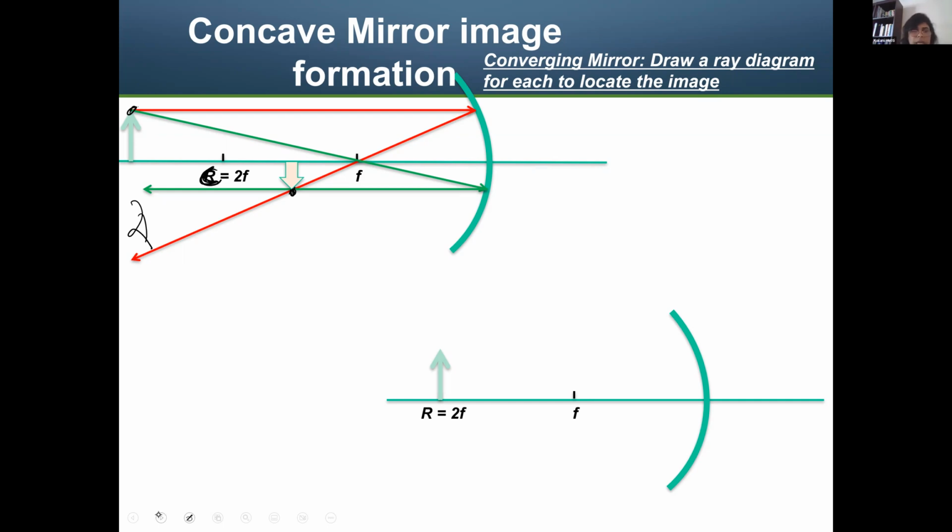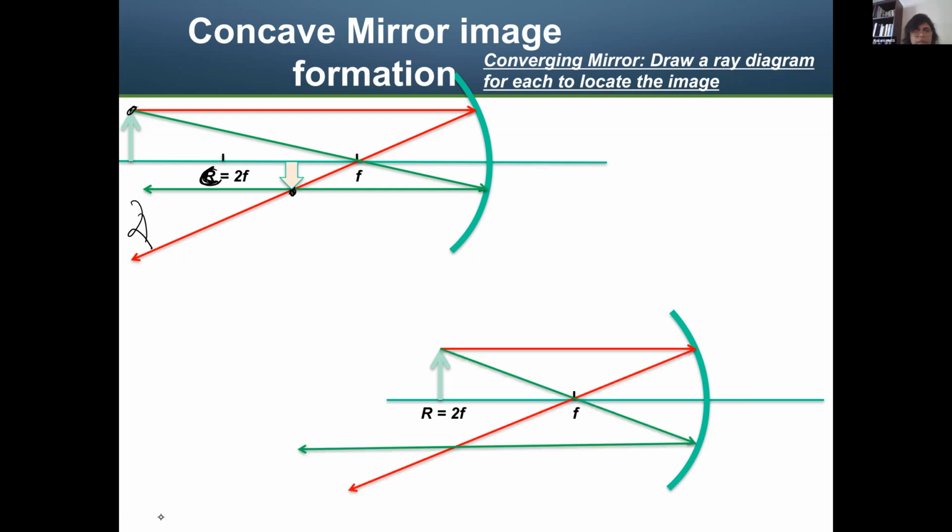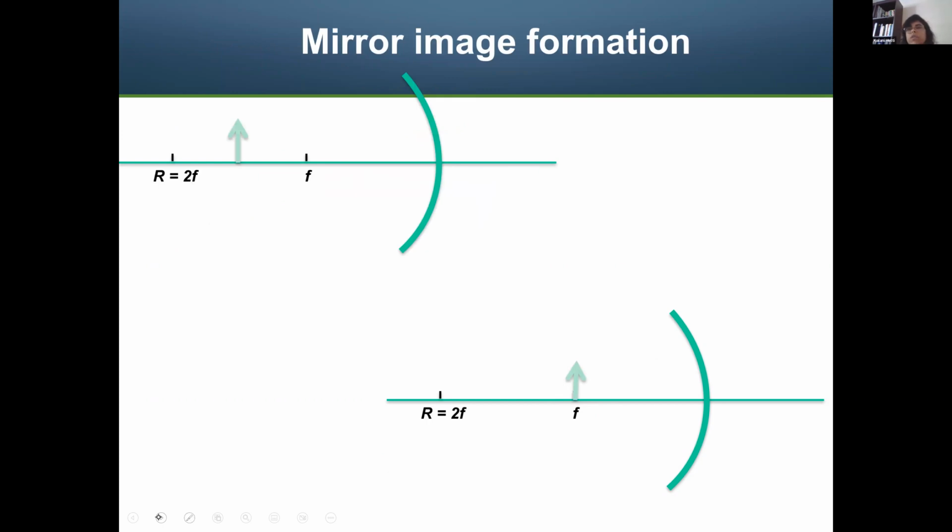Now in the second diagram, I have the object exactly at the center. This is exactly at the center. Now let's see the ray diagram. First ray and second one, and you will see the exact same point, but an inverted image. Same size, inverted image, at exactly the same place when you keep the object at the radius position, right?